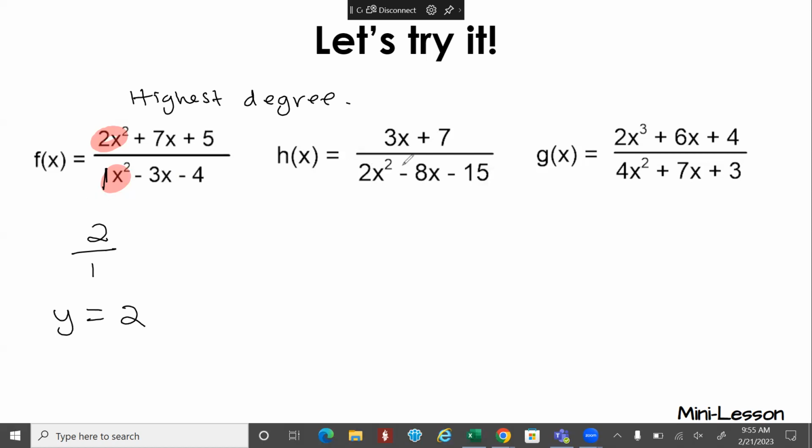Now on the next one, what is the highest degree coefficient in the top? 1. Well, 3x to the first. And then what's the degree in the bottom? 2x to the second. So these are not the same. Okay, so this one in the bottom is higher, right? That means that we're going to add a 0x squared in the top.